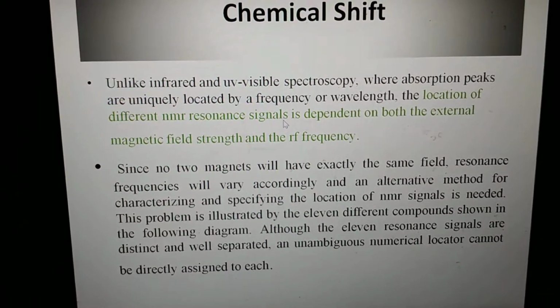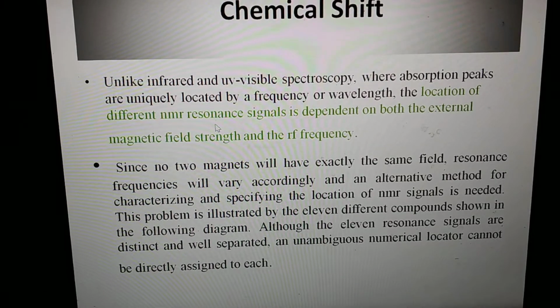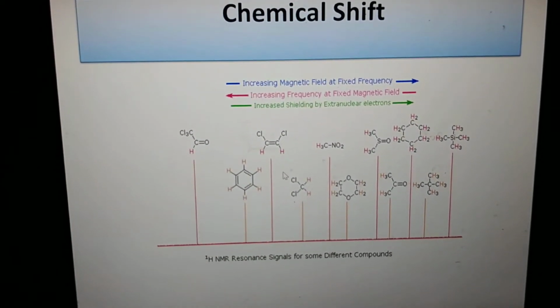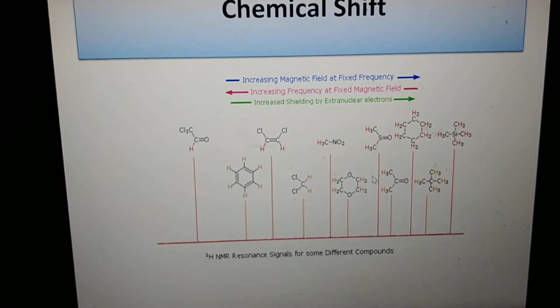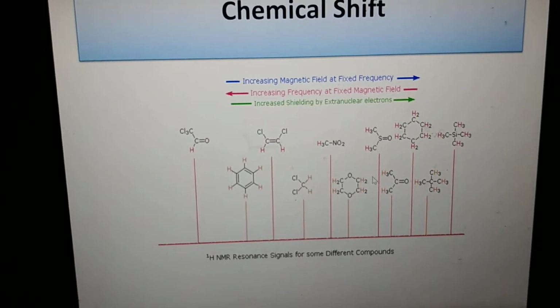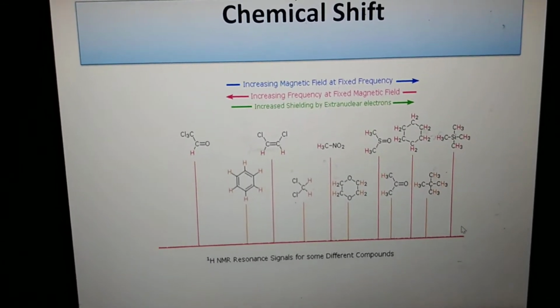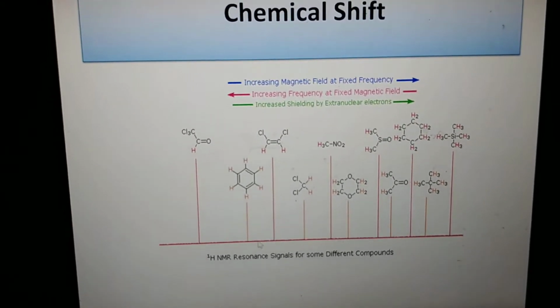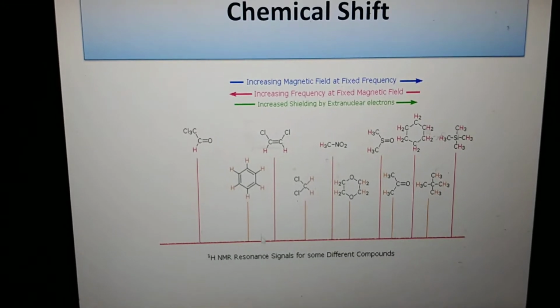Next we will talk about the chemical shift. First of all, we will talk about the reference compound. One is the frequency of the reference compound, and one is the frequency of your sample.